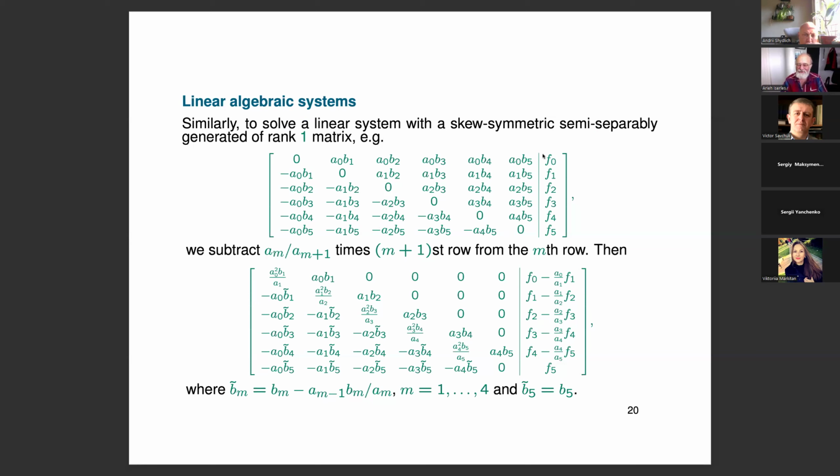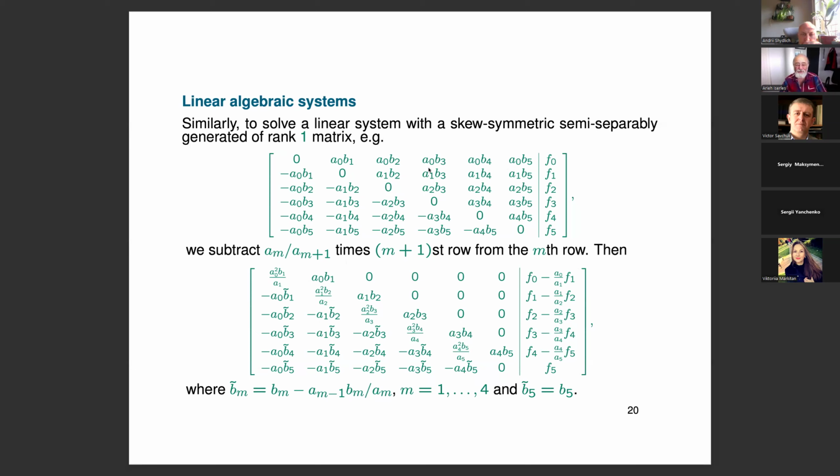Now subtract from the first row the second row, scaled by A0 over A1.